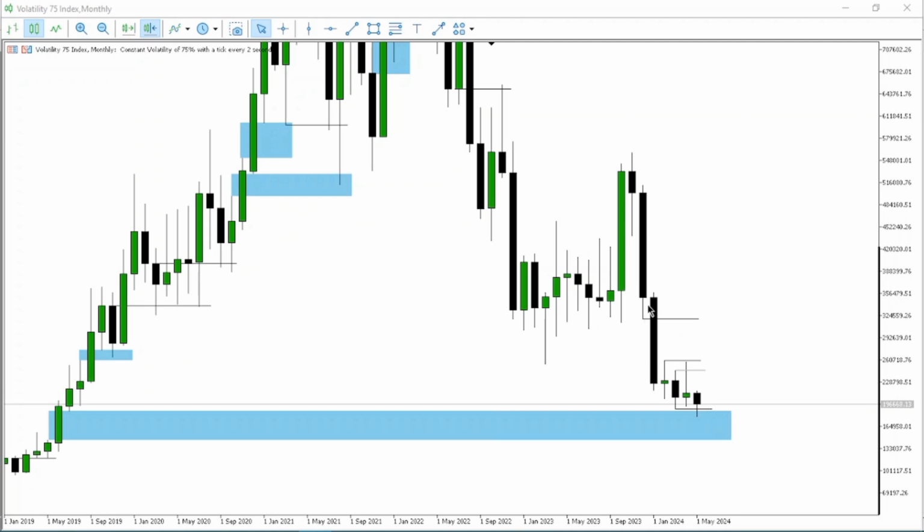But there's not a lot to do on the monthly time frame, although the information that you get from there once you have done a bit of analysis is very significant.